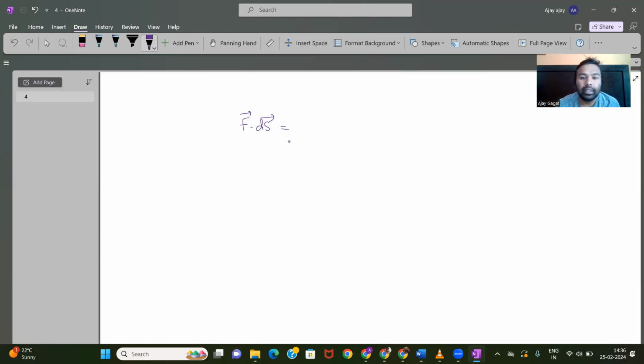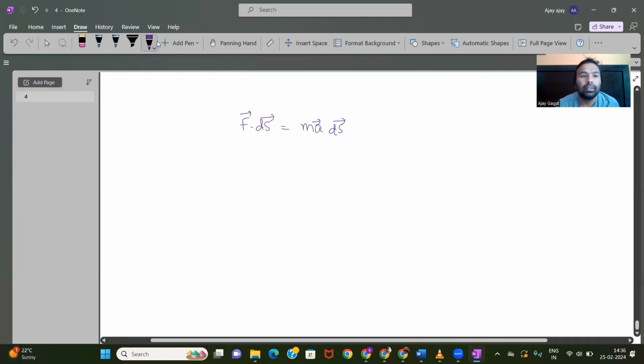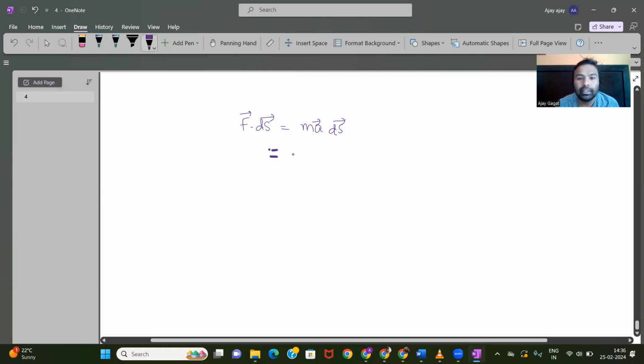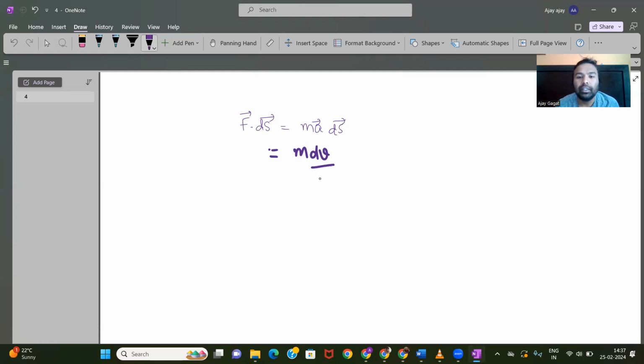When I write F dot ds, I can safely write F as mass into acceleration, dot ds. If the angle between them is zero, I can write it as ds only. Since I can always write acceleration as dv by dt, I can write this as m into dv by dt times ds.